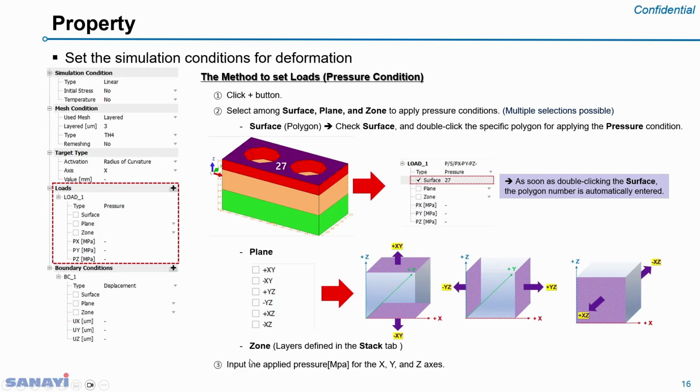When you click Zone, the layers defined in the Stack tab are displayed as a list. It is used when you want to input pressure conditions for a specific layer. After that, just input the pressure for X, Y, or Z direction.